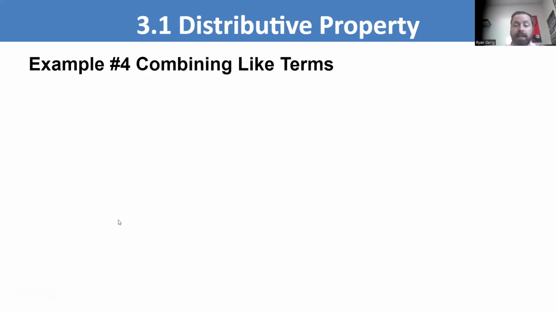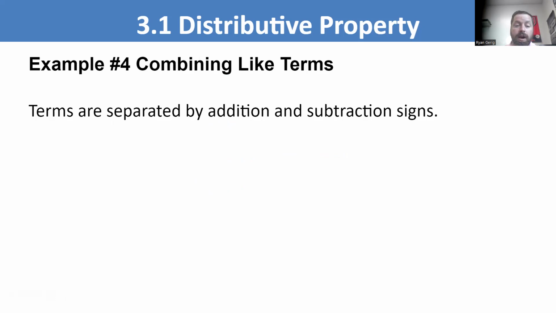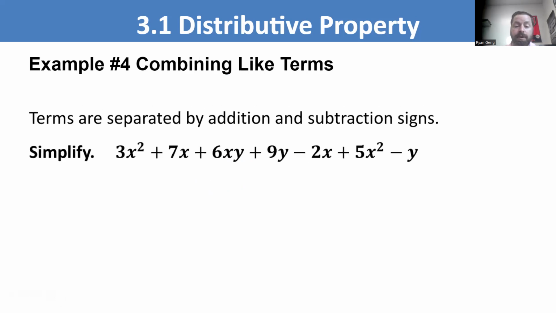Last thing we're going to look at is combining like terms, a skill that you will need as we get to equations. Terms are separated by addition and subtraction signs. So here's an example. It's a very complex expression. It's still an expression here. We won't be dealing with anything like this until second semester, really, but I'm showing you how we can combine like terms here.